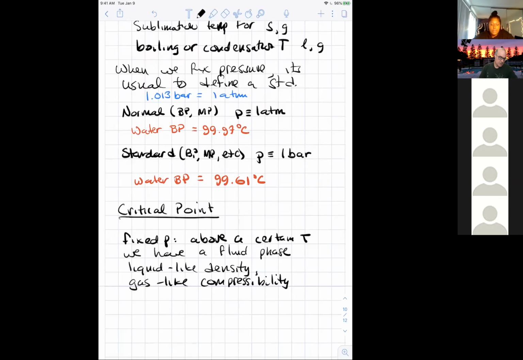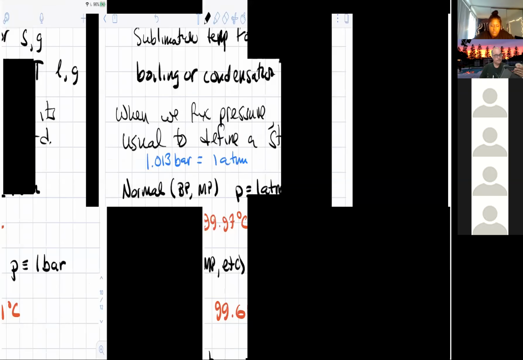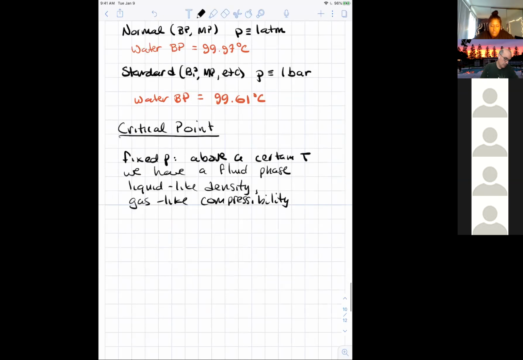So before I do this picture, let's talk about the other circumstances, because we could also fix the temperature, a fixed temperature, above some P. We also could create this critical phase, this fluid phase, at a fixed temperature above a certain pressure, or at a fixed pressure above a certain temperature.